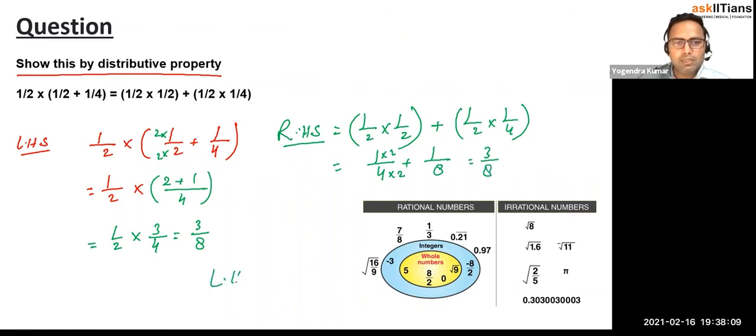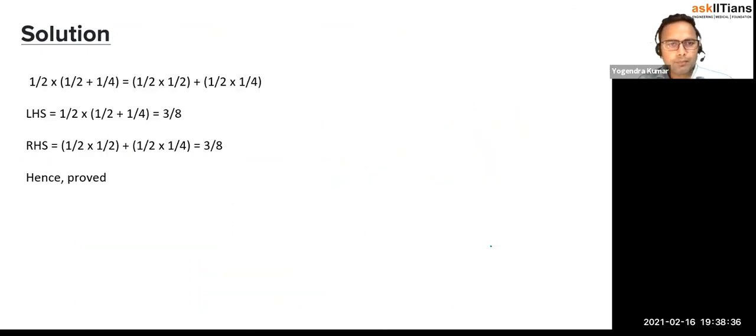So we got LHS is same as RHS. So what do we say here? Distributive property is applicable on rational numbers. This is what we are going to say. Right, this is what they're telling here. These are all rational numbers, and what are these? Irrational numbers. We have these all irrational numbers. Right, so I hope you're getting it. This is what you need to understand. Let's move on to the next, this is the proof shown here.